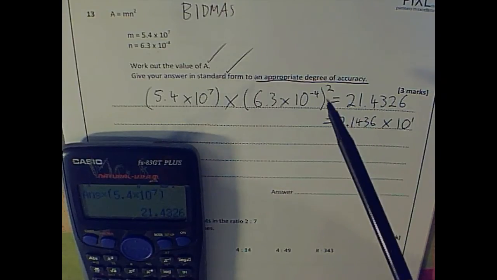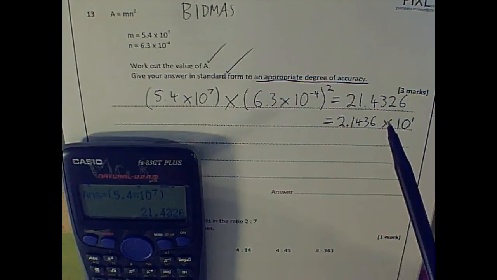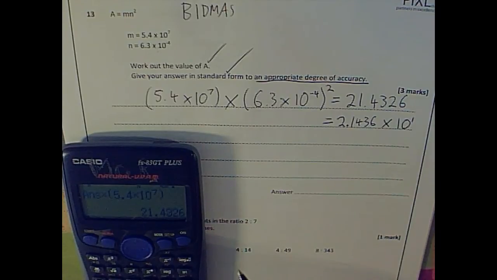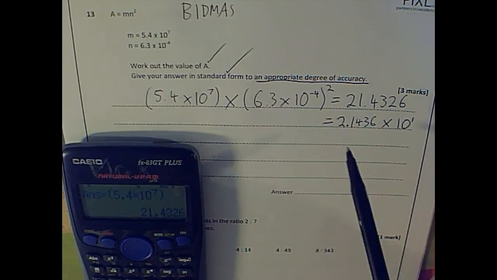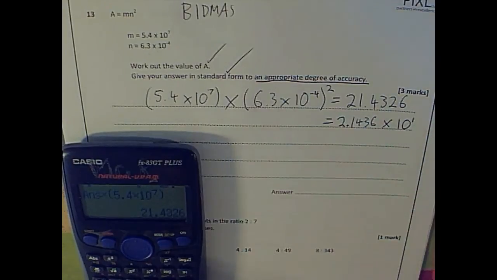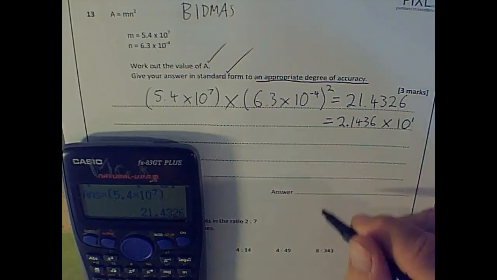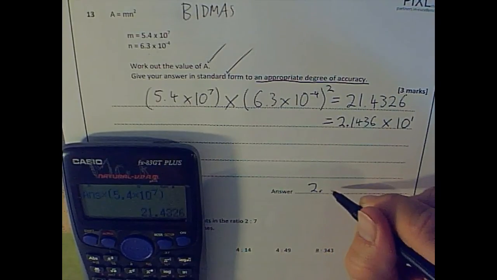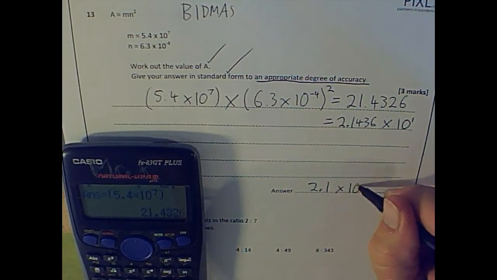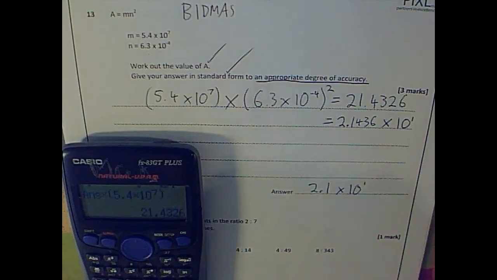If I did a greater accuracy here, it wouldn't be appropriate. I want to retain the same sort of degree of accuracy as was given in the question. So that would be 2.1 times 10 to the 1 to an appropriate degree of accuracy.